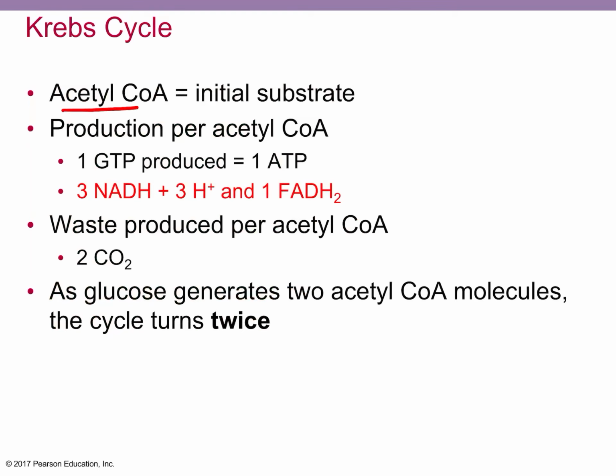Acetyl coenzyme A is our initial substrate. For every acetyl coenzyme A, there is one GDP produced, which is the equivalent of ATP. So we have a little bit of ATP made, and then we have the bulk of our electron carriers, NADHs and FADH2. I like to call these Uber and Lyft. They're both electron carriers.